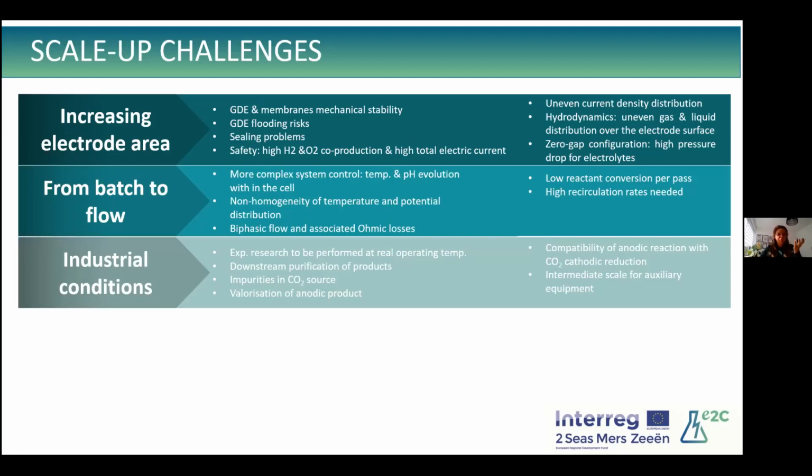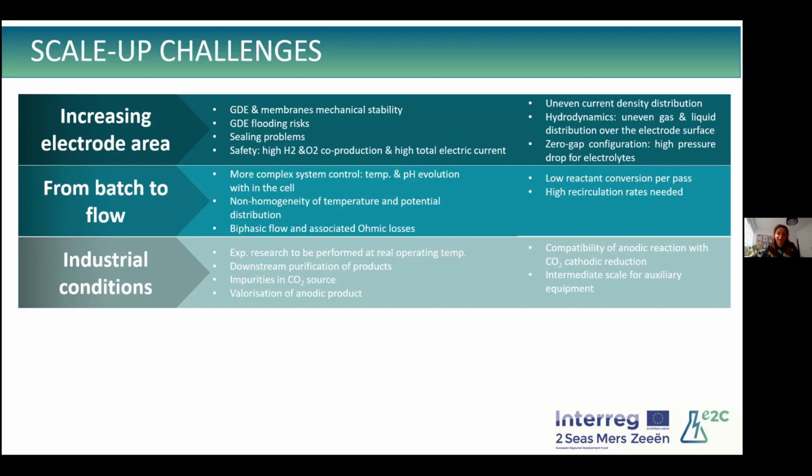So it's also important to consider the complete process from upstream to downstream, and take into consideration how, for instance, the composition of the CO2 source or the presence of impurities might affect the electrochemical process, and how the product is going to be separated and purified from the electrolytic solvent, and also how the side products are going to affect the efficiency of this purification process and things like that.